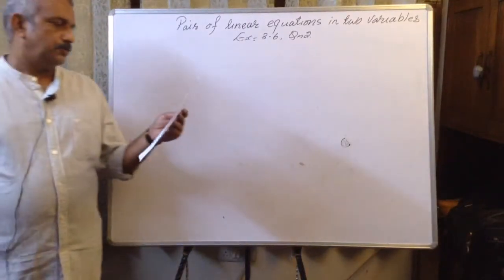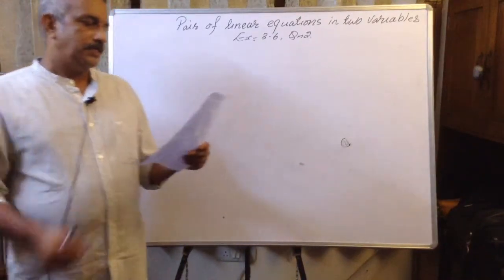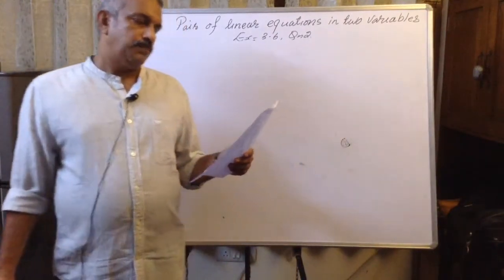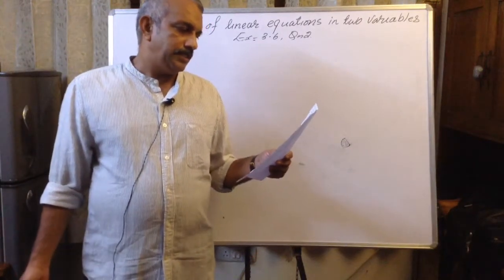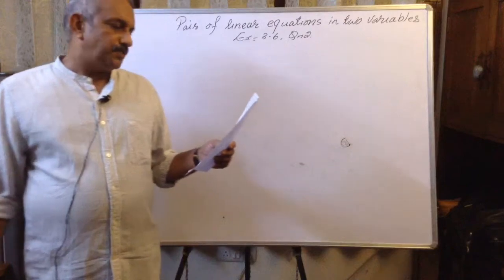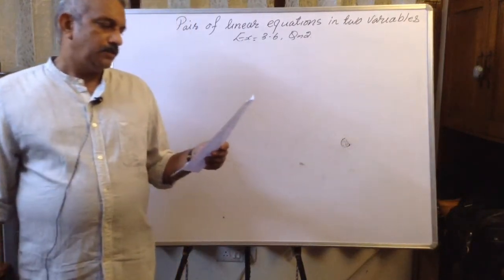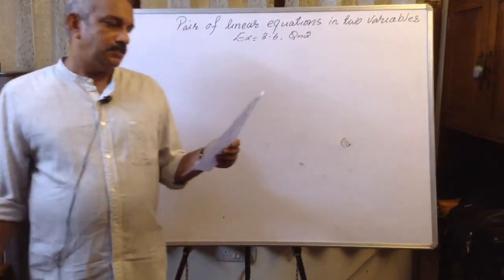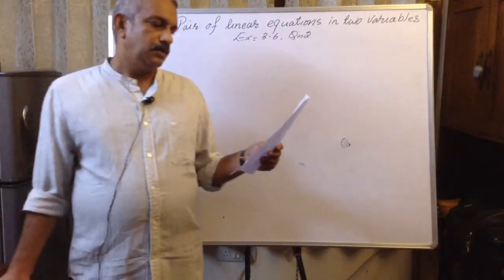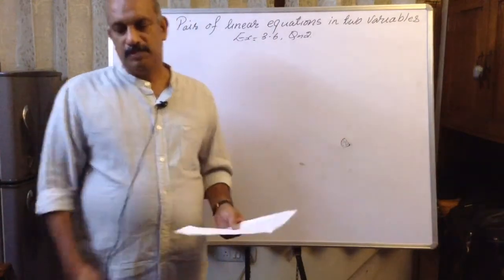Question says Ruhi travels 300 kilometer. So total distance 300 kilometer to her home, partially by train and partially by bus. She takes 4 hours if she travels 60 kilometer by train and the remaining by bus. If she travels 100 kilometer by train and remaining by bus, she takes 10 minutes longer. Find the speed of the train and speed of the bus separately. So very simple case.